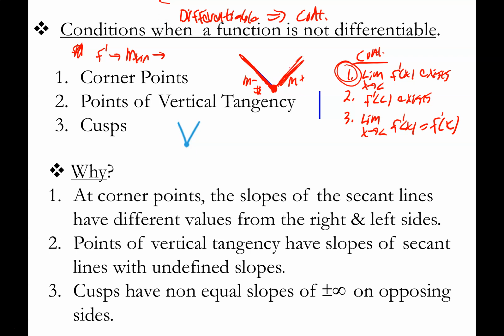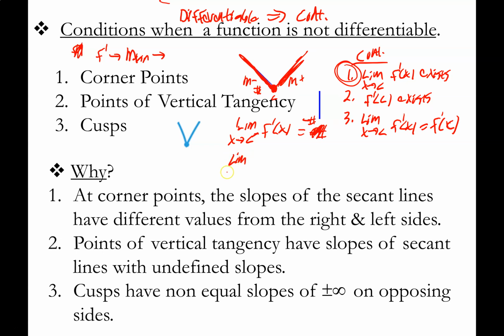That would be my limit as x approaches c, this value here, of f prime of x from the left. So that gives me some negative number.